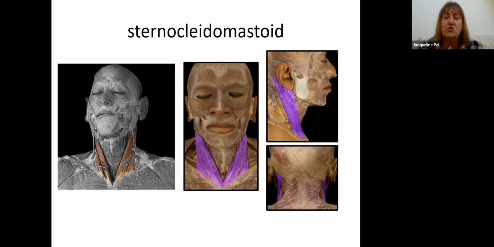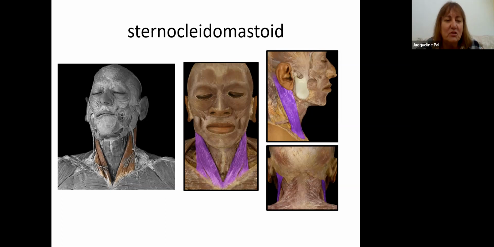So you can look at this sterno, that means sternum, that's going to be the origin. Specifically, it's going to be the manubrium of the sternum. Mastoid is the insertion, the mastoid process of the temporal bone right behind your earlobe. But then that word cleido, that means clavicle.